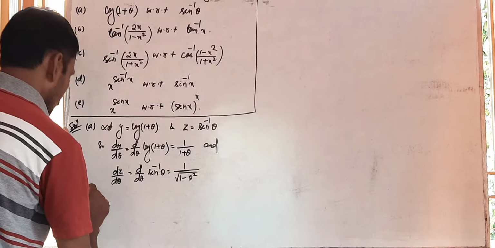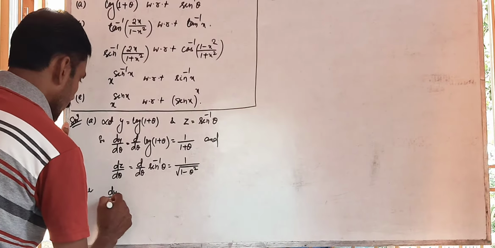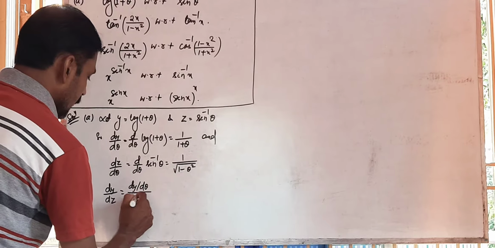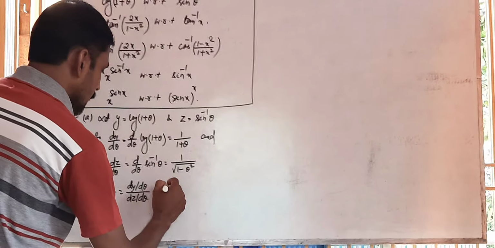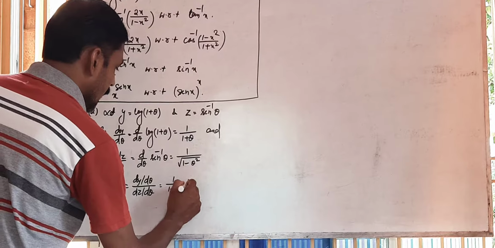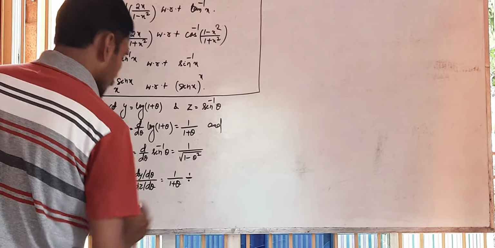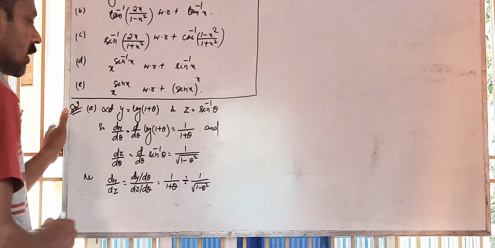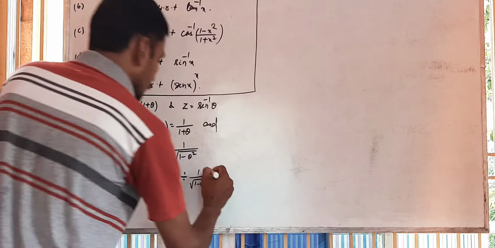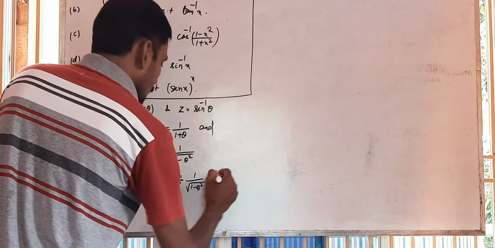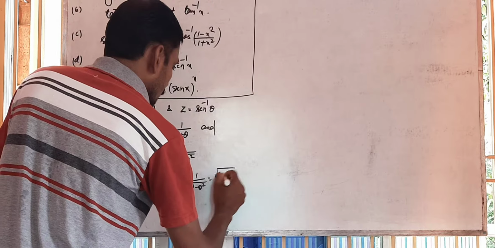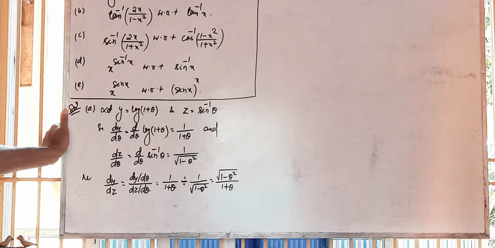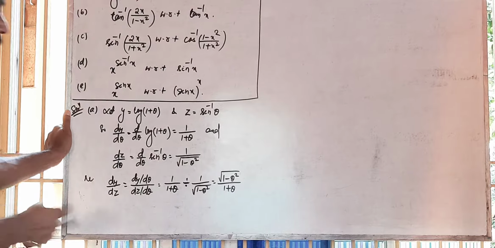Okay, now what do we want to find? dy by dz. The formula is dy by d theta divided by dz by d theta. So it is 1 by 1 plus theta divided by 1 by square root of 1 minus theta square. So you can write it as square root of 1 minus theta square by 1 plus theta. Now what is 1 minus theta square? a square minus b square.